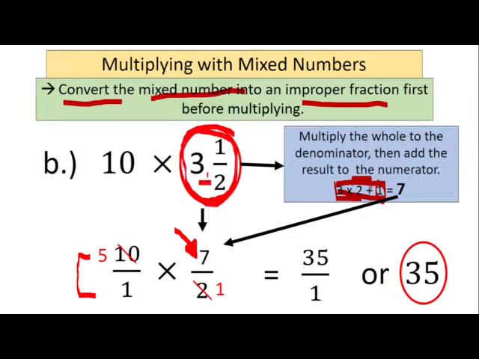Kasi denominator mo is 2. Ibig sabihin, meron kang 3 wholes dito, tatlong buo, no? You can imagine it when you draw, like for example, you can draw 3 squares here, and that will represent your 3 wholes. Now, aside from your 3 wholes, meron ka pang 1/2, di ba?